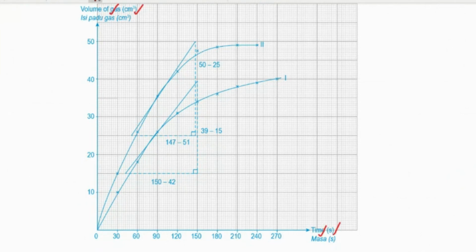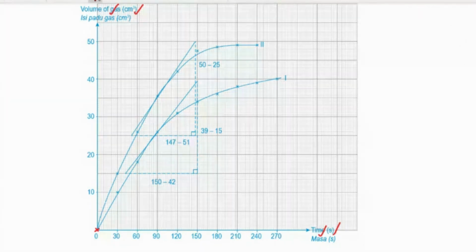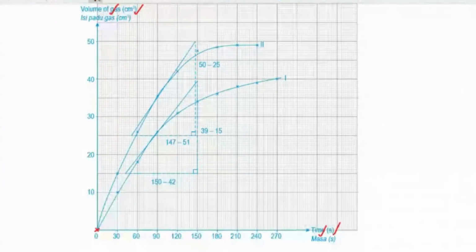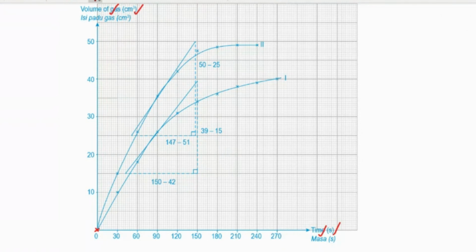This one is wrong: 0 must be plotted here. So you plot the curve for Z1 and Z2. Use a consistent scale: 10, 20, 30, 40, 50, then 30, 60, 90 until 270.